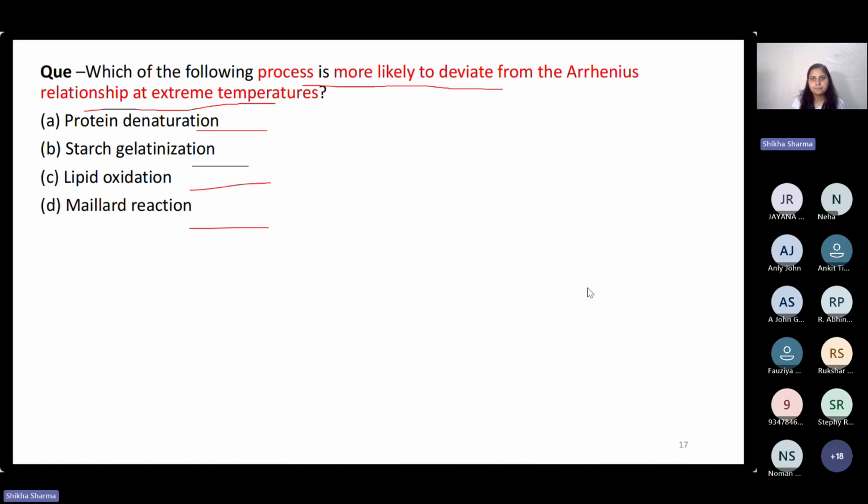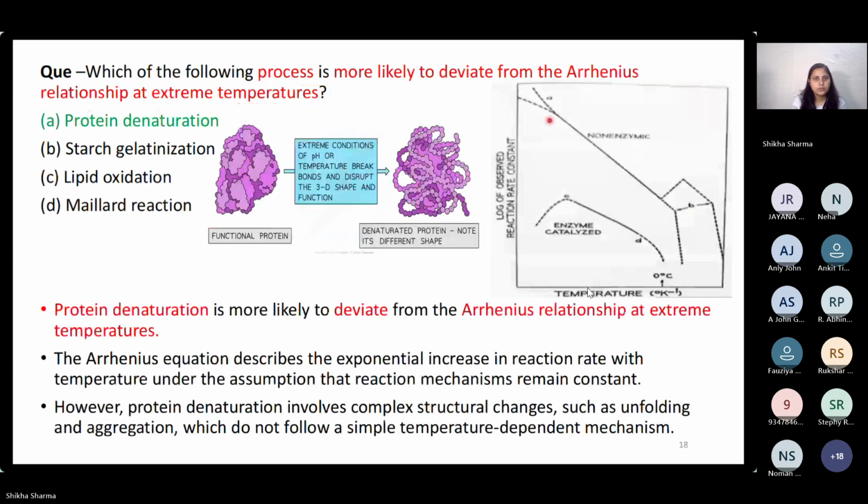Okay, let's see. Yes, protein denaturation is the correct answer. When we have extreme temperatures, very high or very low, the Arrhenius relationship will deviate for protein denaturation, because we know the functional properties of the protein change with temperature.